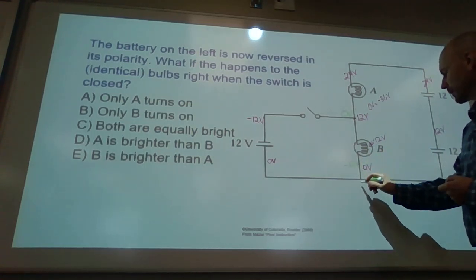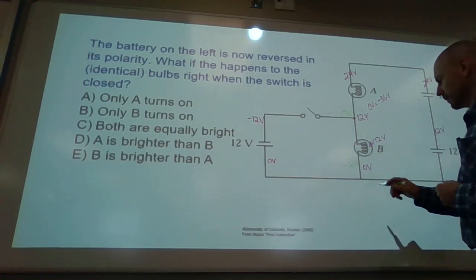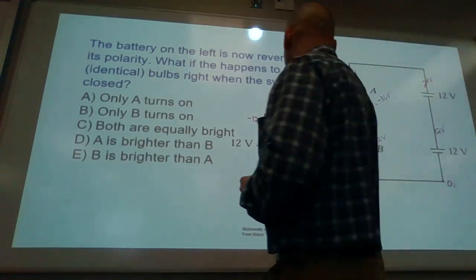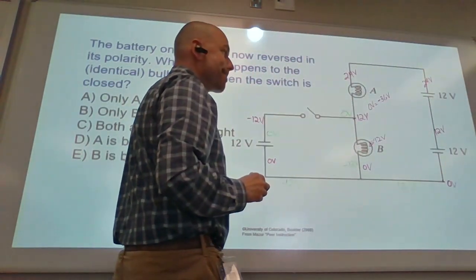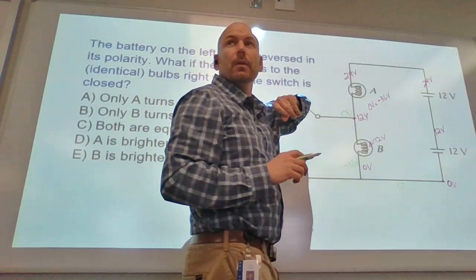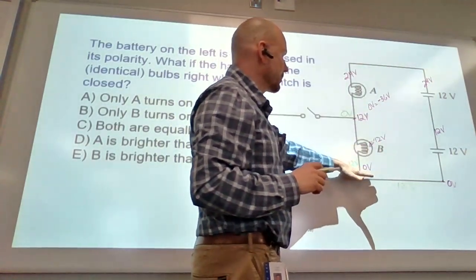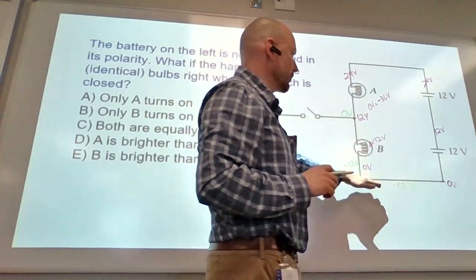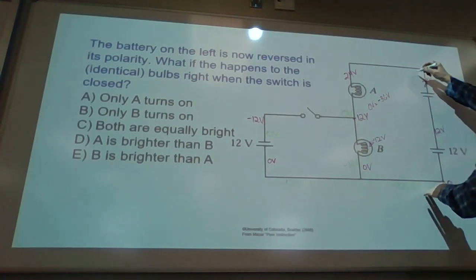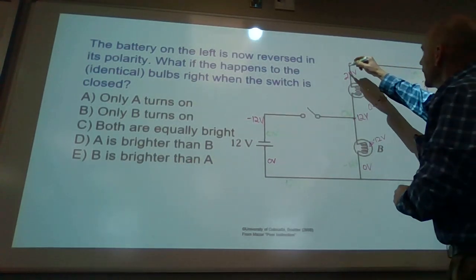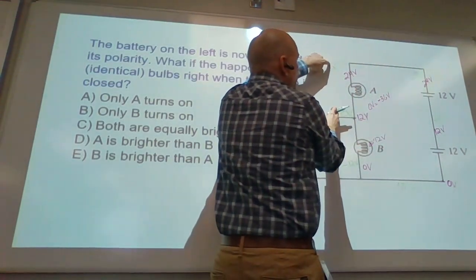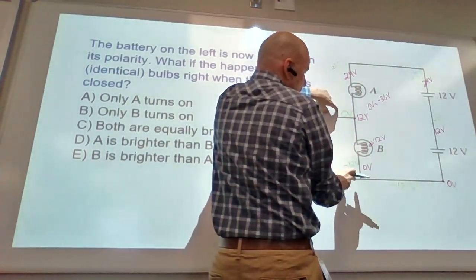No, this is while the switch is open. While it's open, okay, so we drop 12 volts. So this is negative 12, this is negative 12, this is 0 volts here, and this is positive 12 volts here. So you have a 12 volt drop, a 12 volt drop.